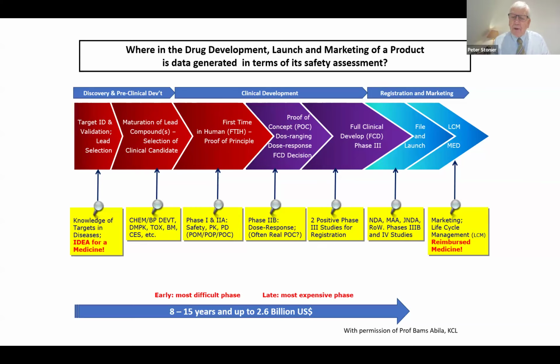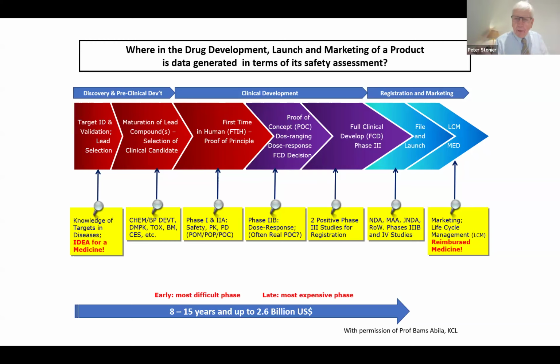But I put it here to indicate that throughout the drug development process, we have to look for data which indicates a safety issue. It's not just a question of looking in the clinical trial phase or waiting for post-registration to look for this data.